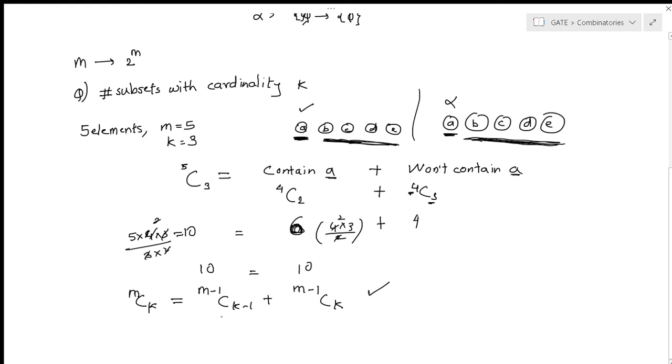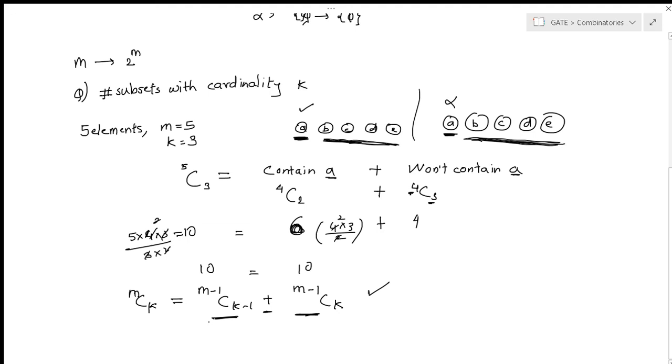And remember, these two are completely disjoint sets. There is nothing in common between them. That's why we were able to apply the fundamental principle of addition. The element we are talking about could be any random element. It's not necessary that it has to be the first element or last element. It can be any element.